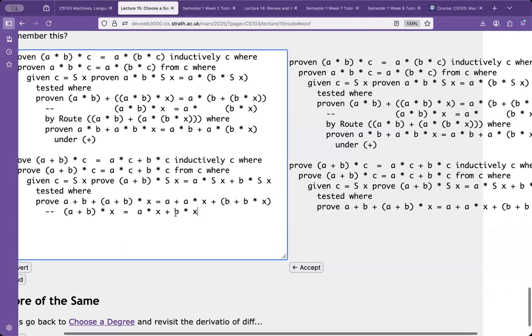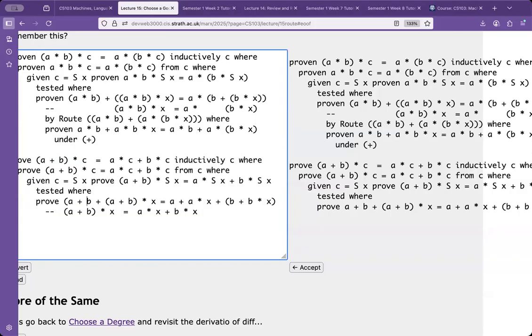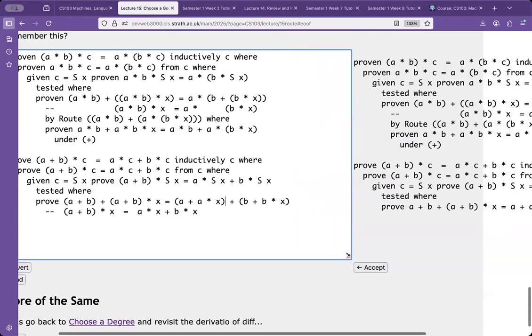And let's put some parentheses in that are implicitly there already. Although this will make the goal ugly. Just pull the box sideways. Okay.